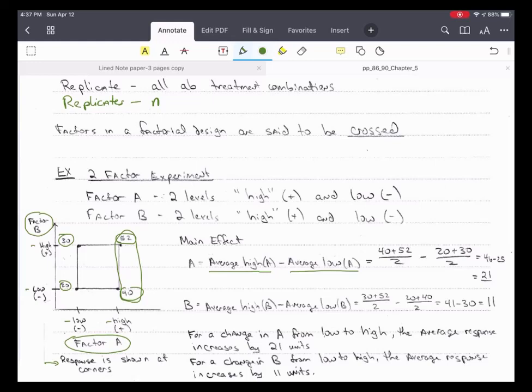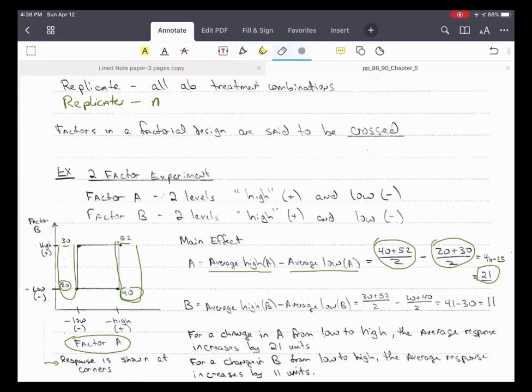And when A is low, it's the 30 and the 20. So we average up 40 and 52 and subtract the 30 and 20 averaged. That gives us 46 minus 25, or 21, as our main effect for factor A. So it's 21 units, whatever units we have here.